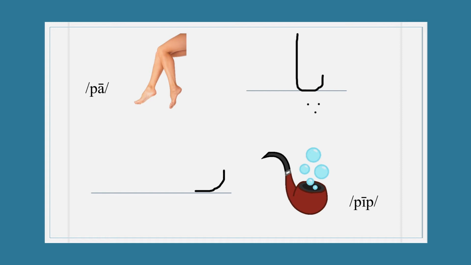Peep. So pe in the beginning, then e in the middle, the long vowel e. Then the consonant P at the end. So we write it like this, longer than the normal P. Peep.